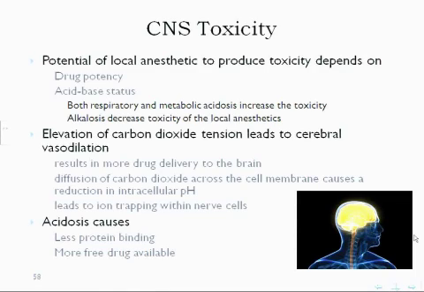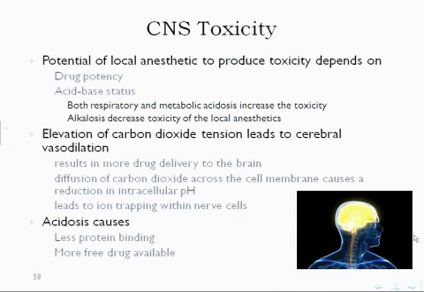Now, elevation of carbon dioxide tension leads to cerebral vasodilation, which is the main reason, because it results in more drug delivery to the brain. So it's not so much the ionization, but rather the amount of drug being delivered to the brain. If you hyperventilate that individual, blood flow decreases going to the brain, and as a consequence, you get less medication getting there. The problem with it, though, is that now you're making the molecule more unionized. So that can overcome the system even though you have lower blood flows.